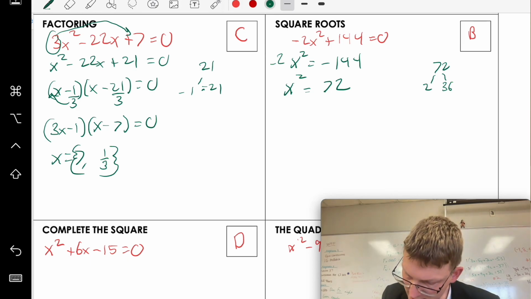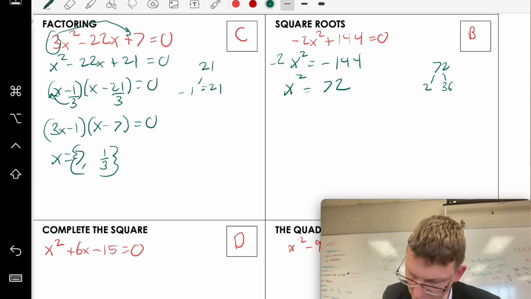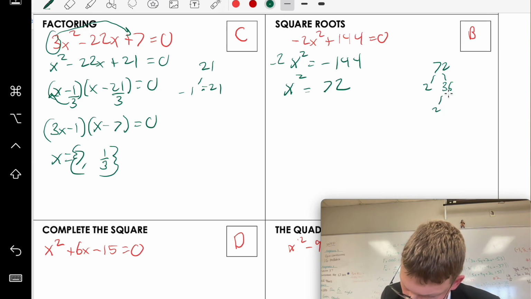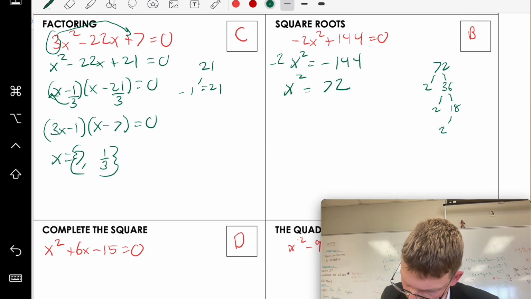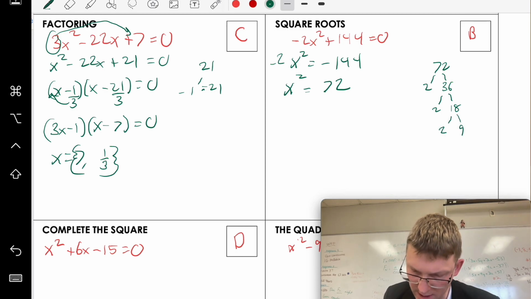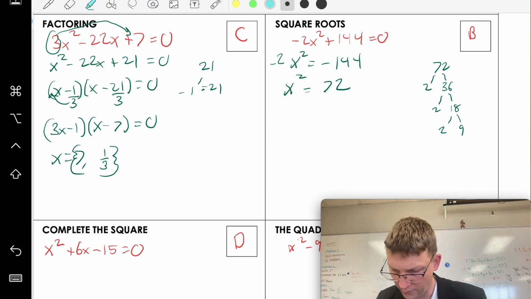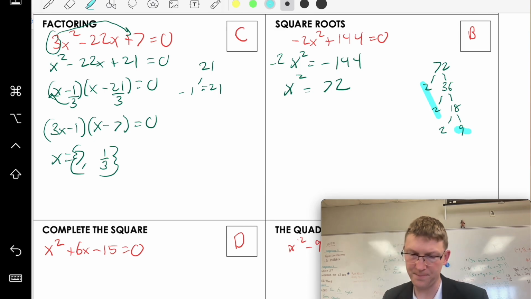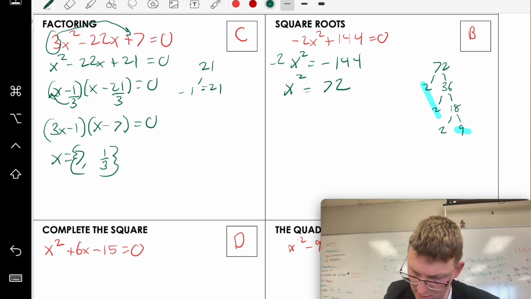And then 36, I'm going to take another 2 out of it. 2 times 18. 18 divided by another 2 is 2 times 9. Okay, so now we've got some perfect squares. We've got that, and we've got that. So that means we can pull a 4, 2 times 2 out.